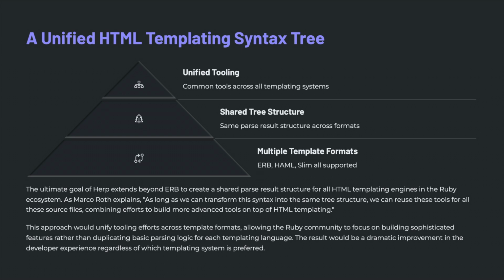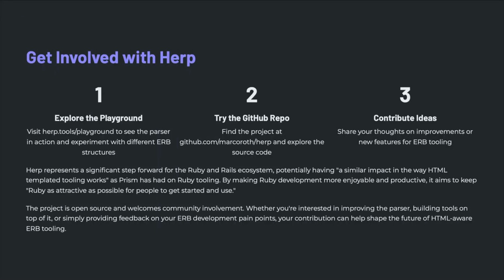It really does sound like ERB is set up to be a foundational piece for view layer tooling in Ruby, kind of like Prism is becoming for general Ruby code analysis. That's definitely the hope, and I think it's a fair comparison. Prism, which is shipping with Ruby 3.4 now, is already having a big impact on everything from language internals to developer tools. ERB has that same potential for a foundational impact on how we build and maintain the view layer. Yeah.